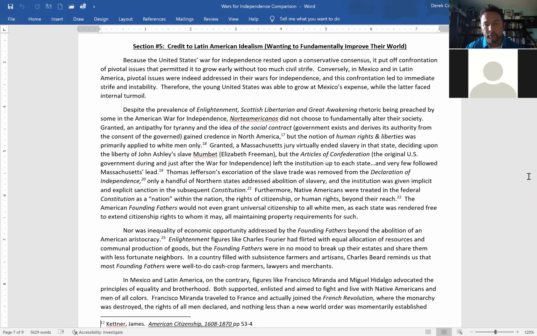For instance, there were Bourbon Reforms by the Spanish monarchy, and the Bourbon Reforms loosened up some of the mercantilist restrictions and gave some of the criollos, in particular, the Spaniards that were born in the Americas, underneath those who were Spaniards from Spain and put in handpicked positions in the Americas, certain economic opportunities that whetted their appetite, that gave them a taste for a better life, that fed their ambition.